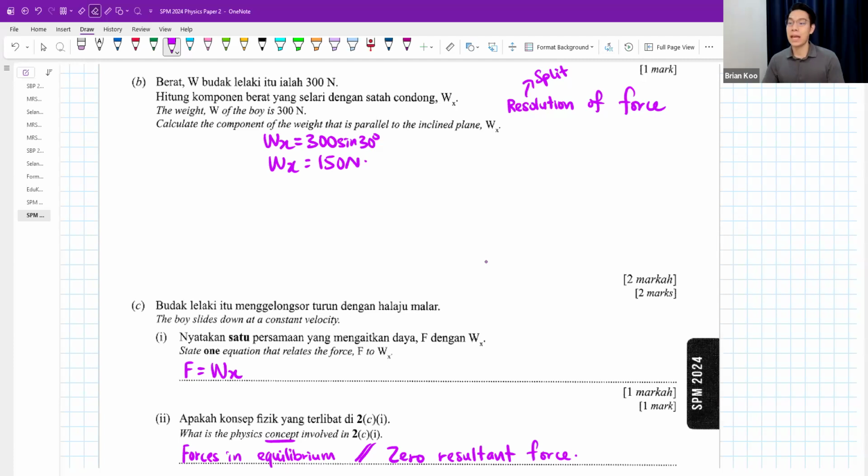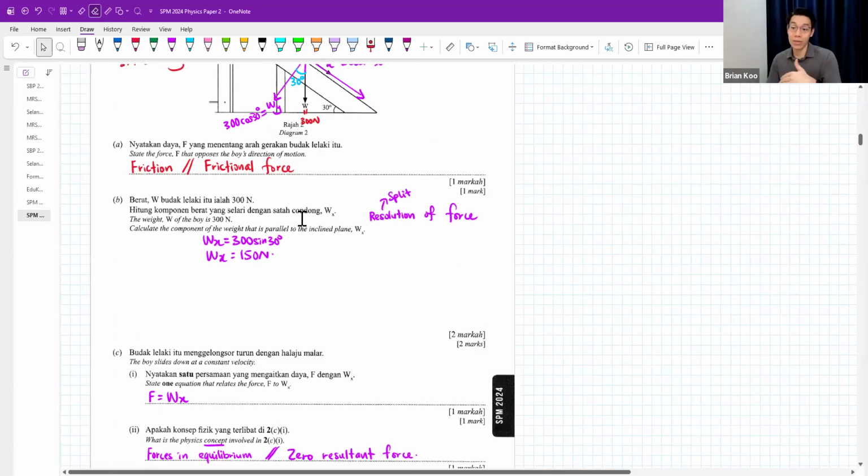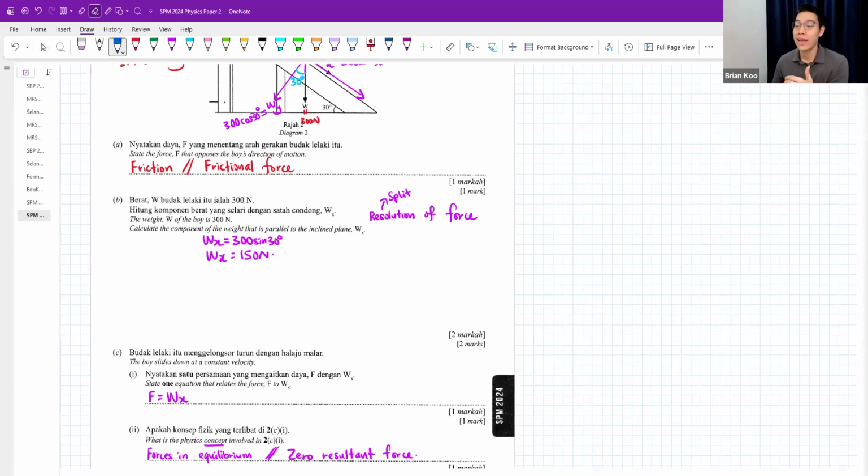Okay. And if you are wondering, teacher, why F equals Wx, I thought if it's sliding down at a certain velocity, then the Wx must be higher than the backward force of F because it's sliding down. Remember that you do not just look at the direction of sliding, you have to look at the acceleration.